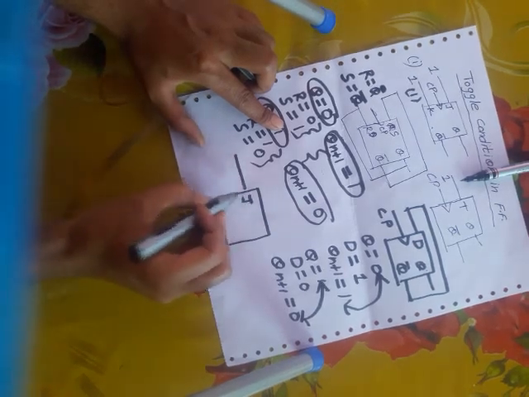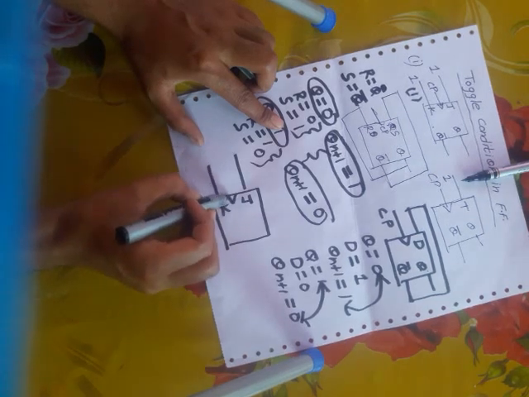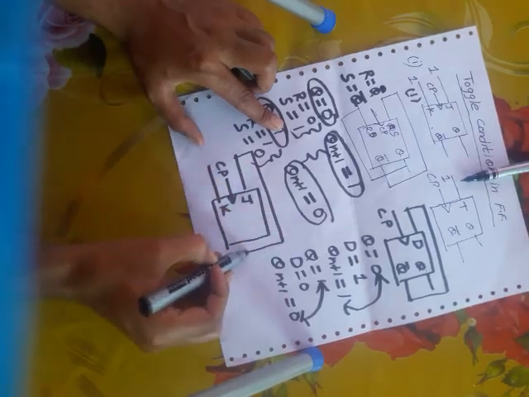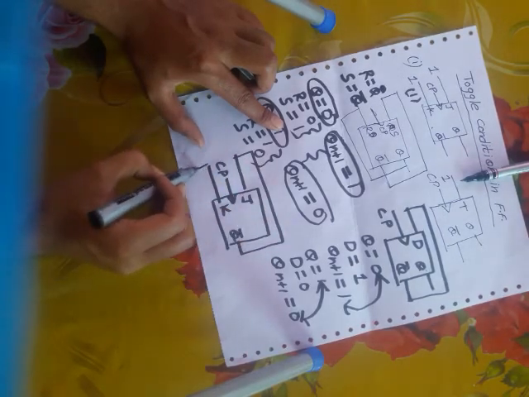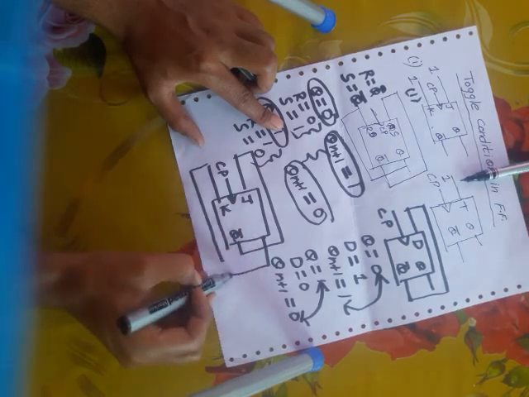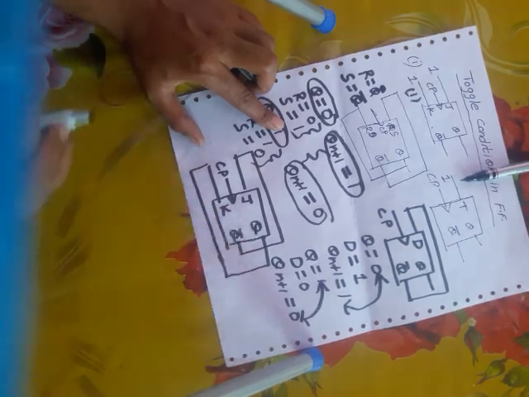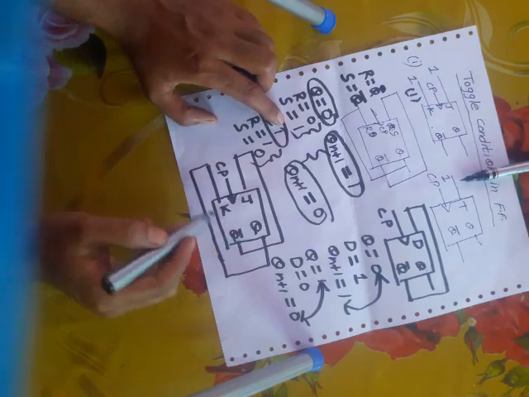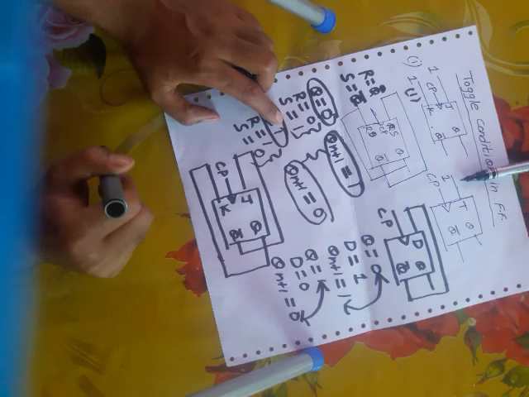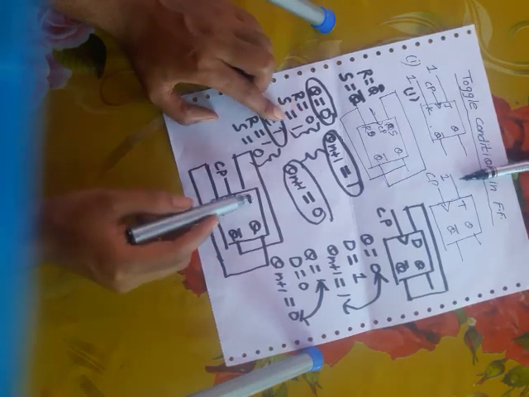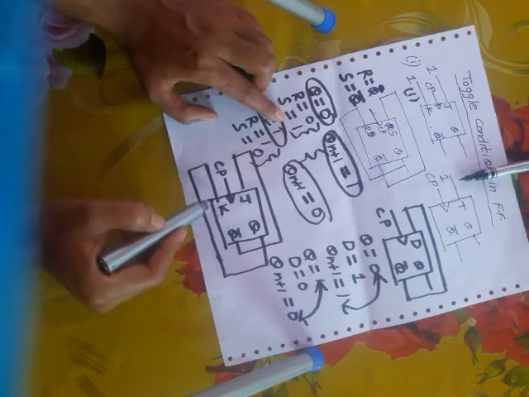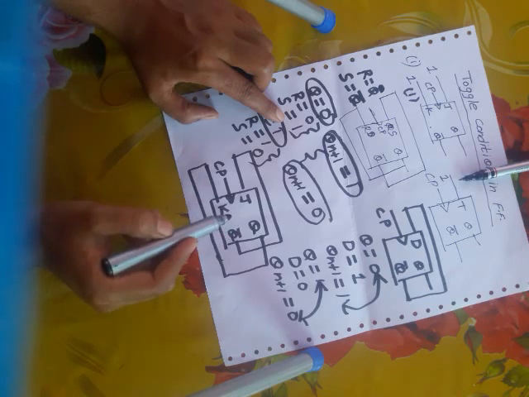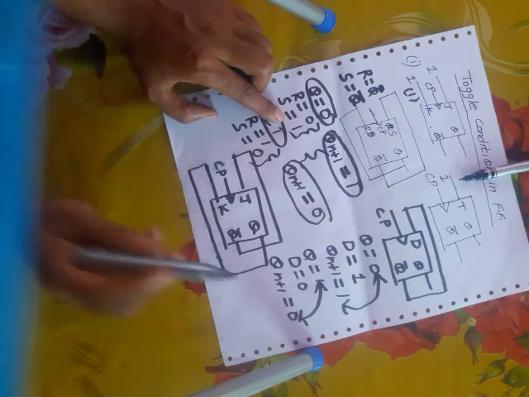If this is your J, this is your K, and this is your clock pulse, J is connected to Q bar and K is connected to Q. You know J equals S and R equals K. In this you can again get the toggle condition. That is number 5.